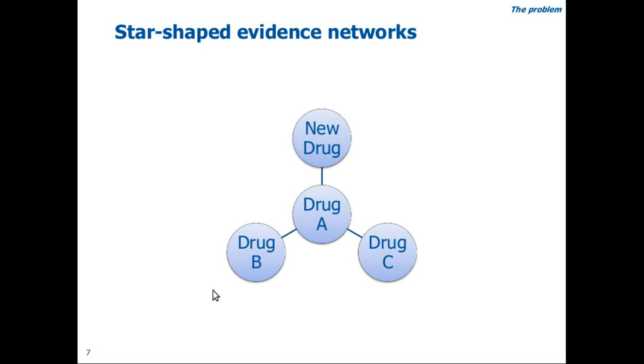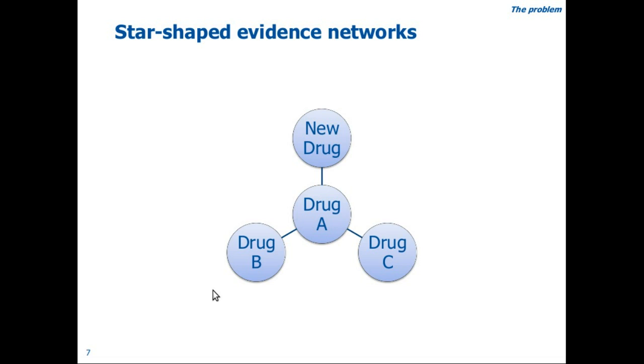So broadly speaking, in this sort of situation there are two approaches. What I'm calling indirect analysis, or a full mixed treatment comparison. Now other terms are used, and one I particularly like is network meta-analysis, because that describes the situation well.